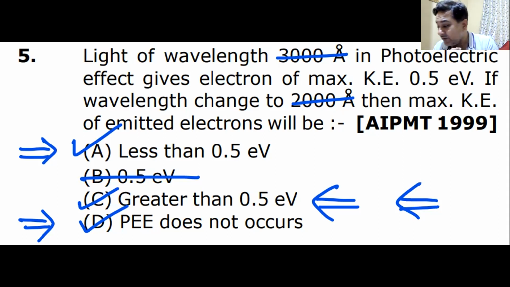So in that case, I will have to find out the value of the threshold wavelength. If the wavelength is more than threshold wavelength, photoelectric effect does not happen. If the wavelength is less, photoelectric effect happens, and the option is A. Do we understand this? So that is how you solve questions and that is how you get answers. Am I correct?